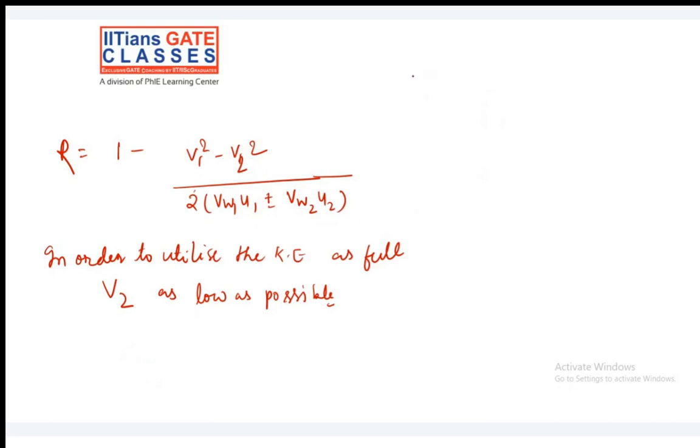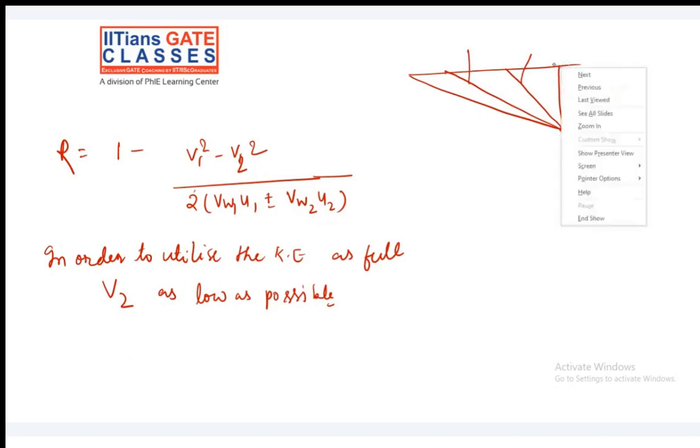See, at the outlet we have seen the velocity triangle looks like this. So the minimum value of V2 will be this one, yes or no? Why? Because any V you draw is greater than this V, yes or no? So this V value will be minimum when this is perpendicular to this one.